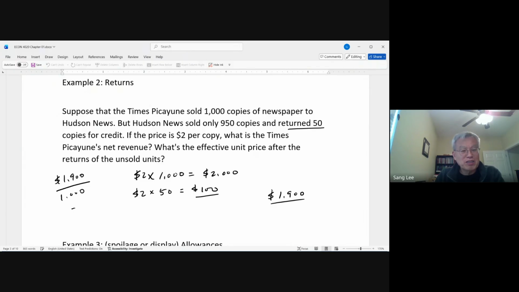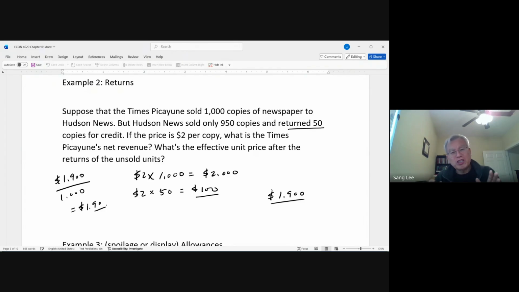The effective price is like $1.90, because you basically gave the Hudson News 1,000 copies, but you only get to keep $1,900. But that's not really important.